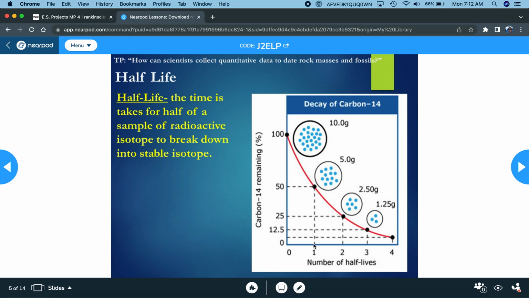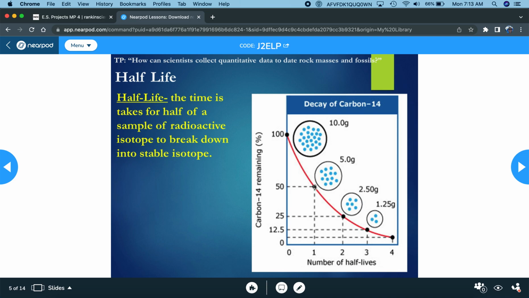And then you would have a means of measuring that with time. Since this is carbon-14, your reference table advises you that it is 5.7 times 10 to the 3 years. So the first half-life is roughly 5,700 years. That's how long it's going to take for half of the sample to decay into the stable product.